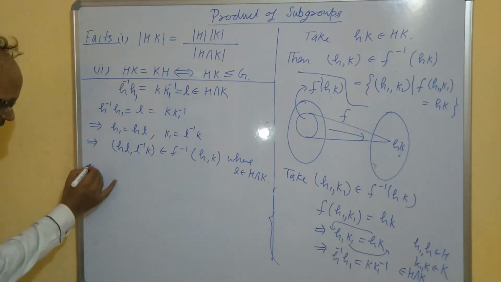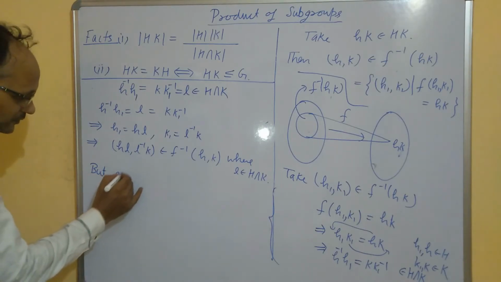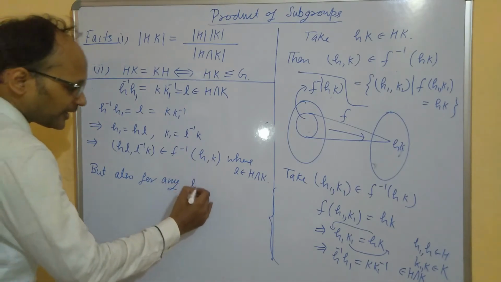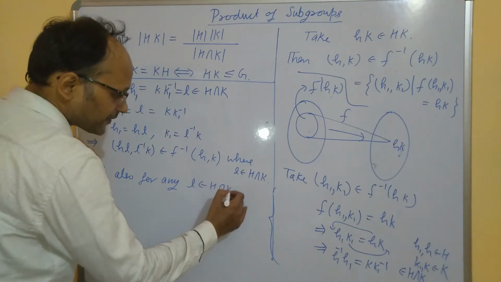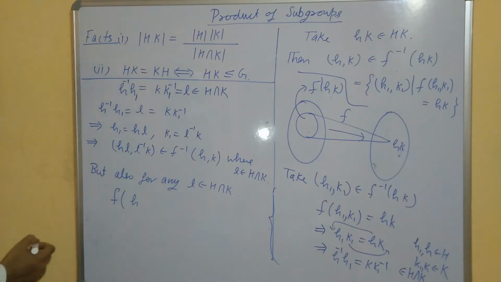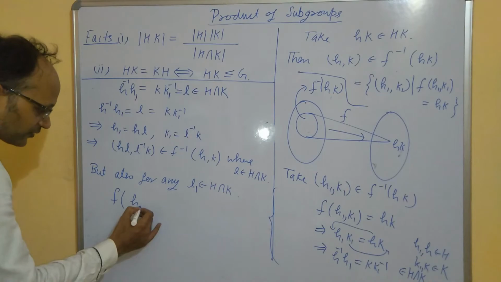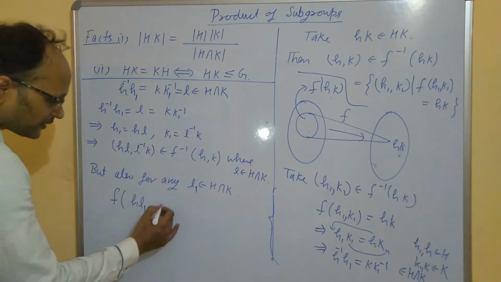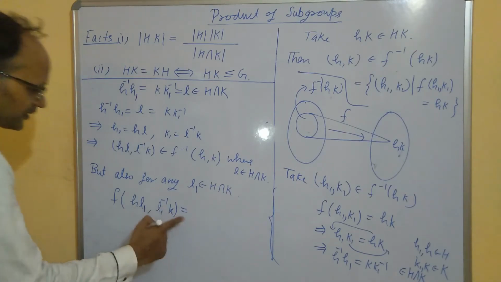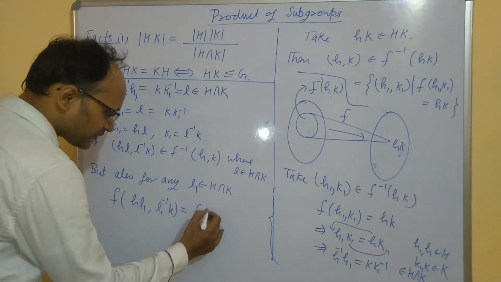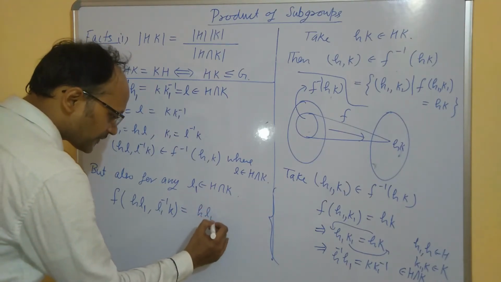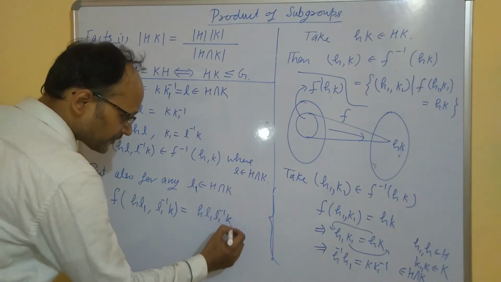But also for any L in H intersection K, if we apply F on the elements, so let me take L1 here. hL1, L1 inverse k, the image by definition will be hL1, L1 inverse k.